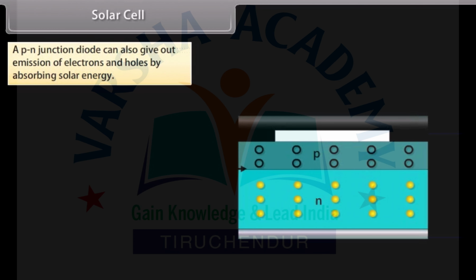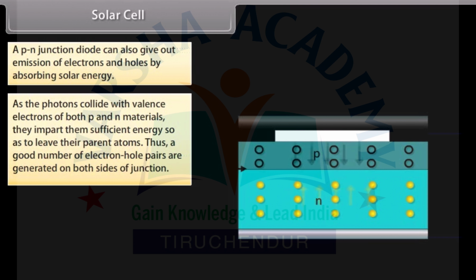A p-n junction diode can also give out electrons and holes by absorbing solar energy. The P material at the top is very thin compared to the thickness of the N material. Thus, solar energy photons entering from the top glass window easily penetrate to both sides of the junction.